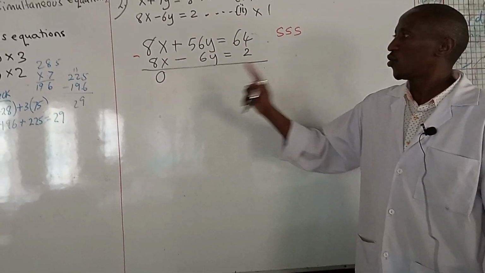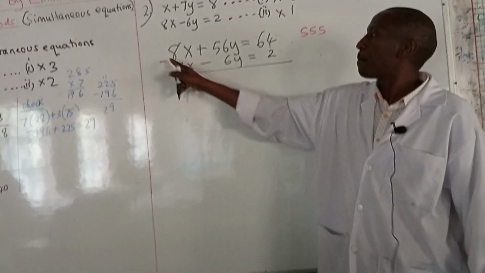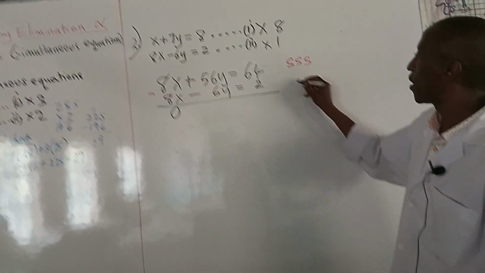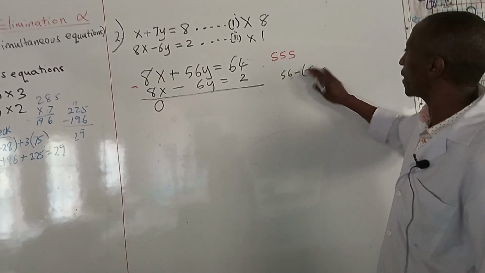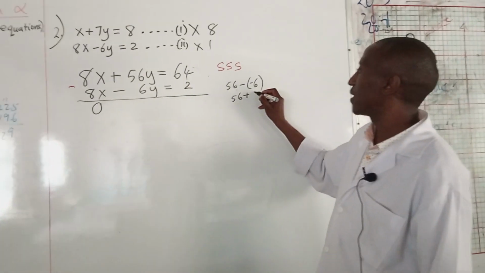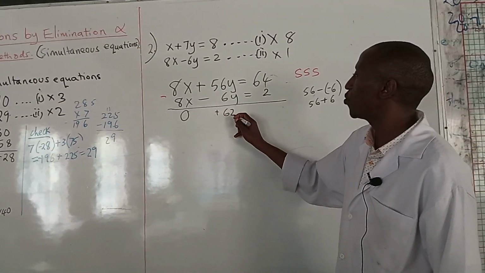Then we are going to maintain the operation subtract, and we say 56 minus negative 6. So I do it here. 56 minus negative 6, and that comes to be 56 plus 6, which is positive 62y.